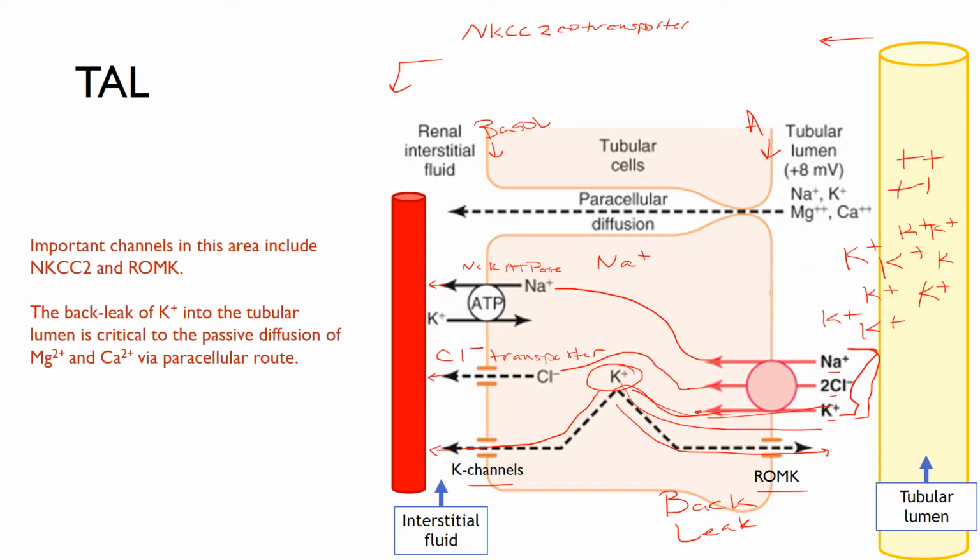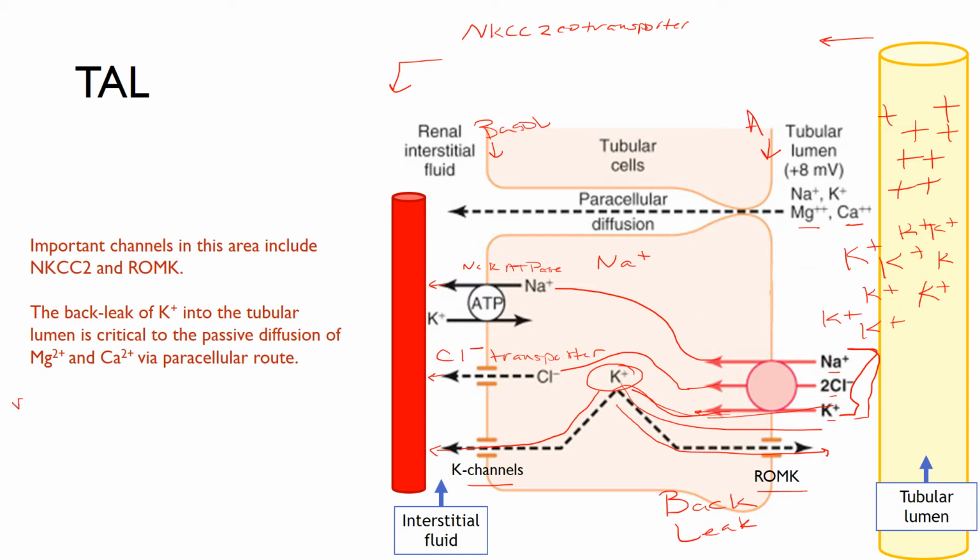So since now we're getting a net positive charge building up in the tubular lumen, please note that there are other things that exist in the tubular lumen that are also positively charged, namely magnesium and calcium.